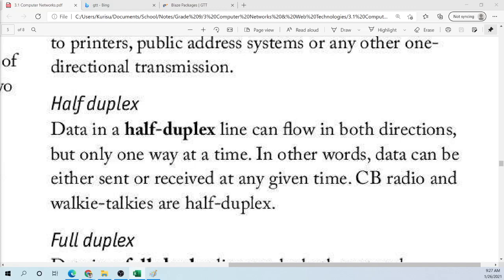Then if you want to speak, the other person has to stop speaking and listen to you. Both of you cannot speak at the same time because that will cause distortion in the communication, and none of you will be able to understand what is being said. So that is half duplex. Only one side can send the data while the other side is receiving, and vice versa.